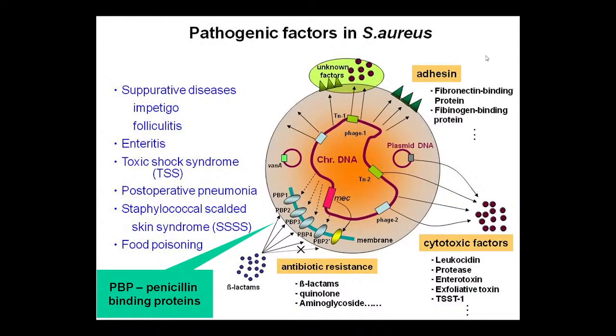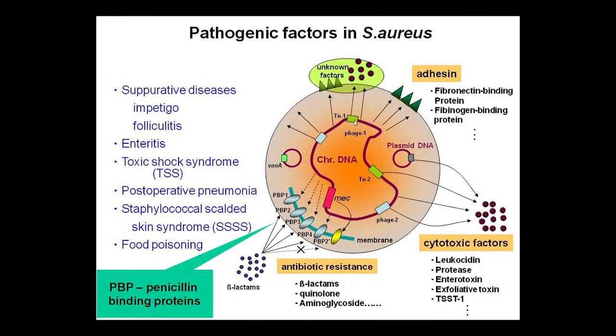Now, we mentioned some factors that can be considered as pathogenic, but now let's take a closer look at the pathogenic factors that are seen in Staphylococcus aureus. And here you can see a simplified scheme of the genome of the Staphylococcus, and you can see here in this genome the basic genetic element, that is a chromosome, and many extra chromosomal genetic elements incorporated into the chromosome.